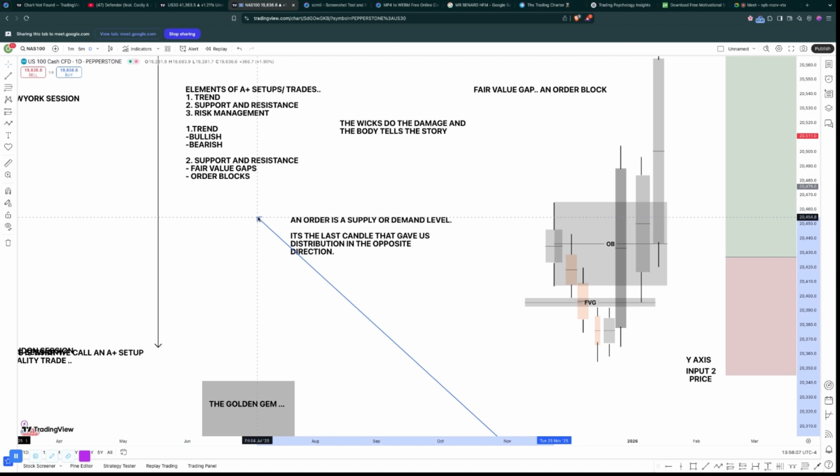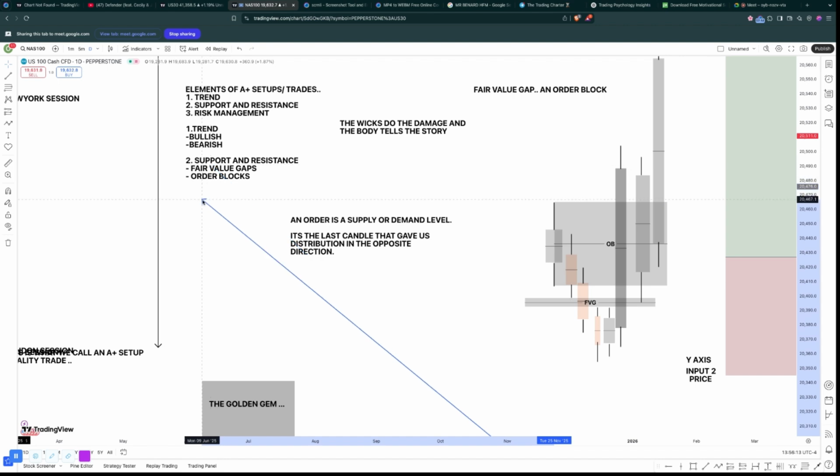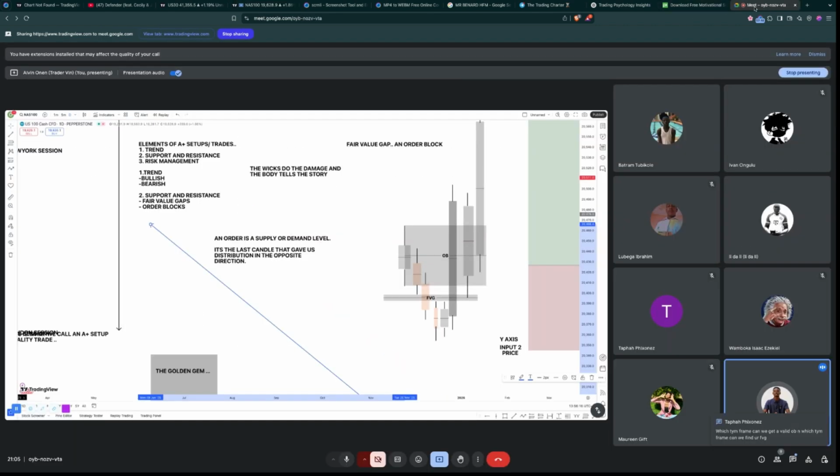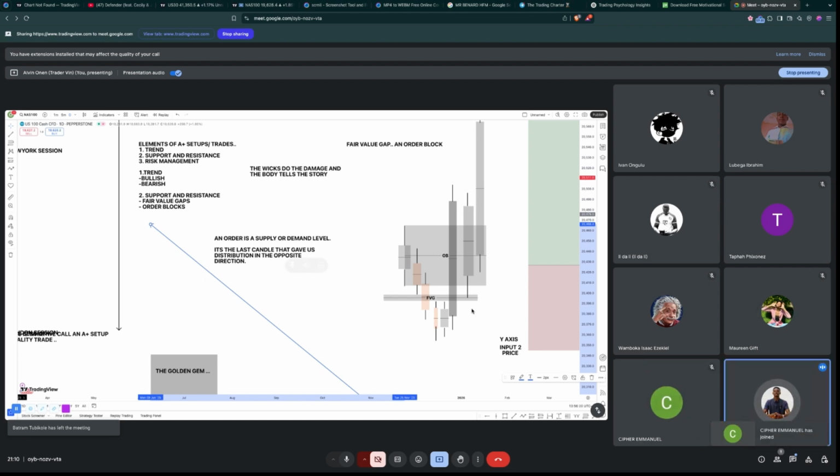And the cycles that I've given you about the fair value gap. Then, point 3 is risk management. So I furthermore talked about risk management, and I say that risk management is crucial. And how is risk management crucial?